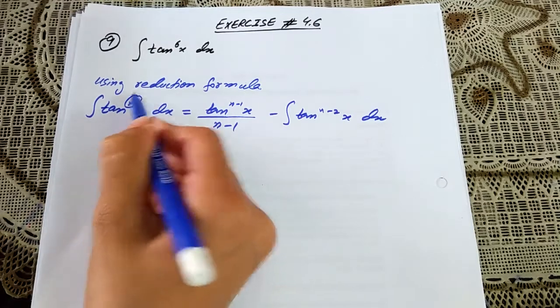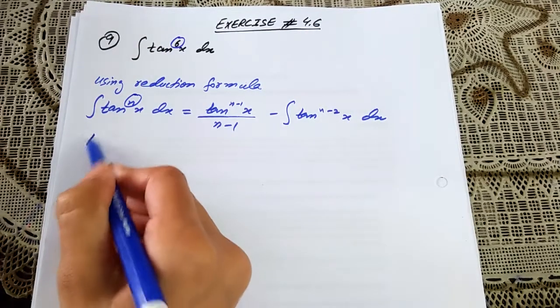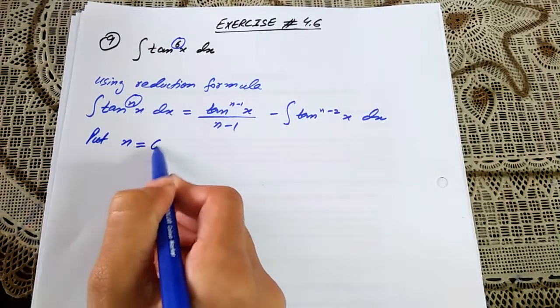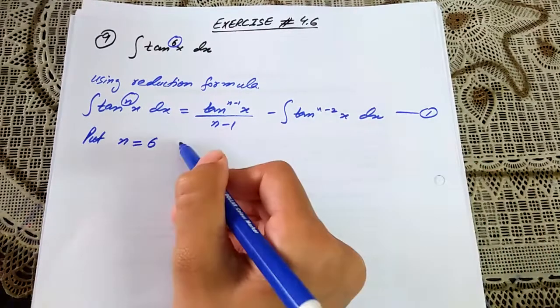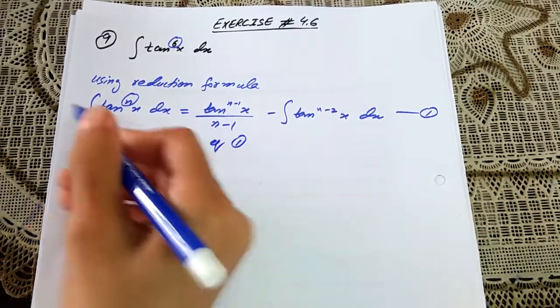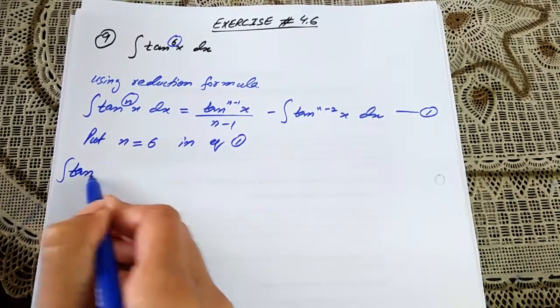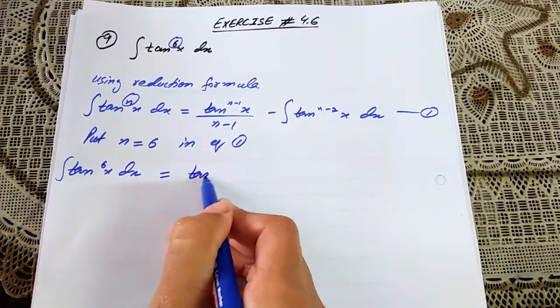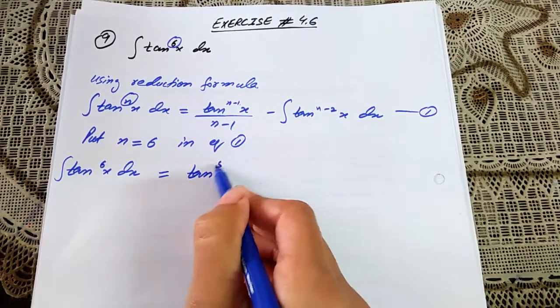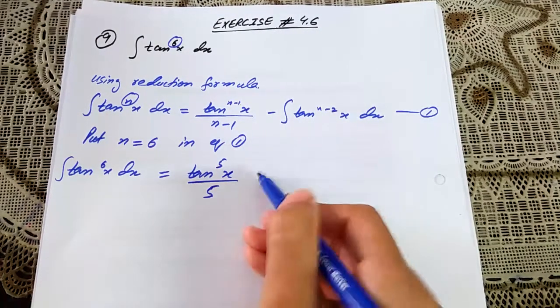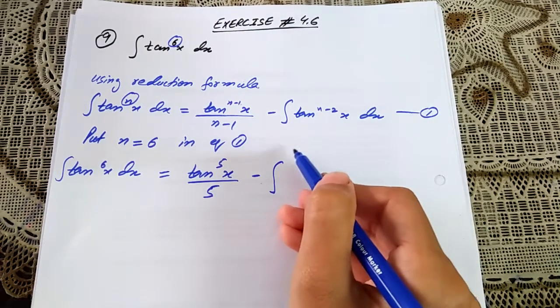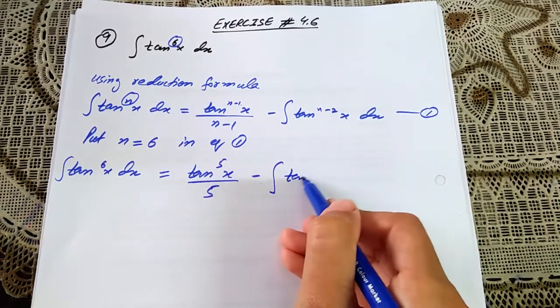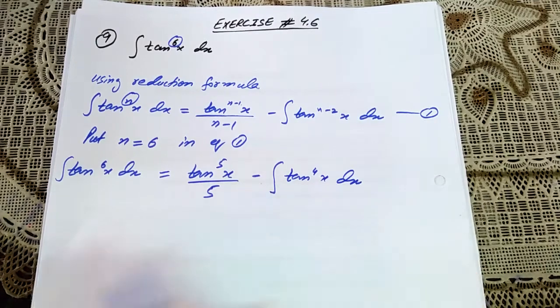Now n here is 6, so put n is equals to 6 in equation number 1. We will get here tangent 6 of x dx, that will be equals to tangent 6 minus 1 will be 5 of x over 5 minus integral, and here we will get tangent 4 of x dx.